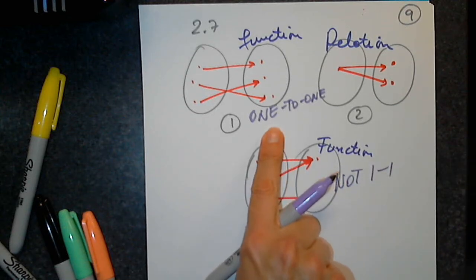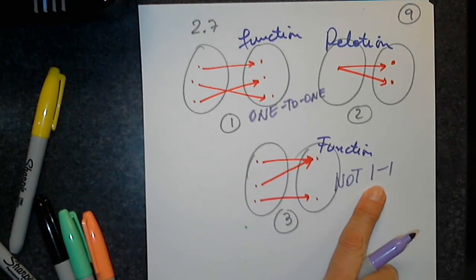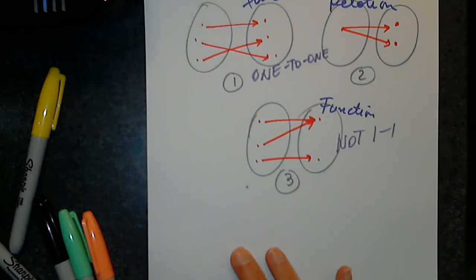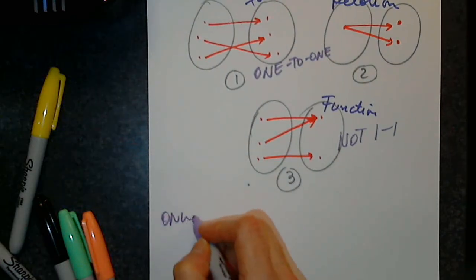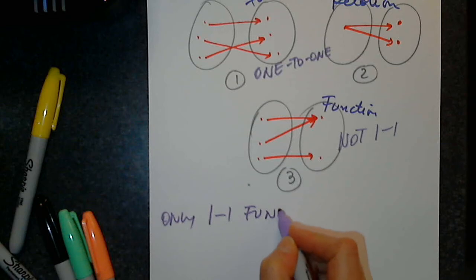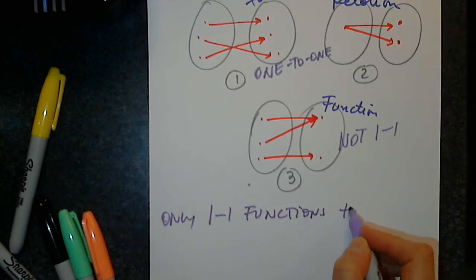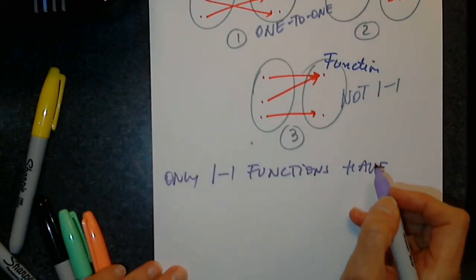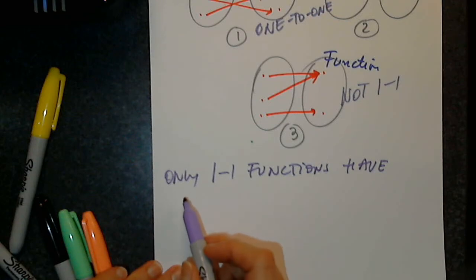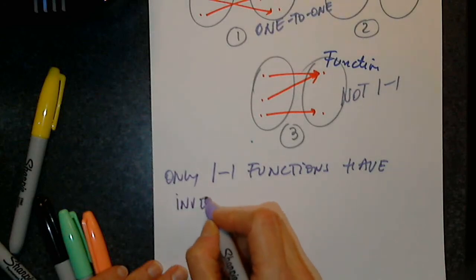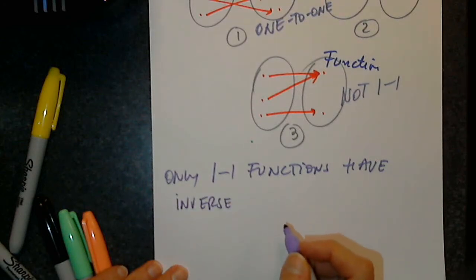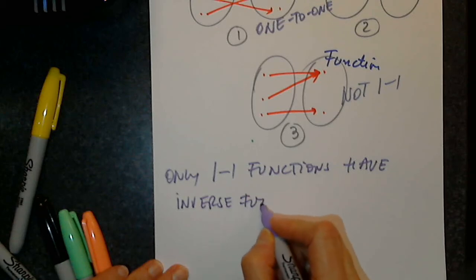You either write it like this or you write it like this. So then I'm going to say only one-to-one functions have, you already said it, inverses. They're called, very good, inverse functions.